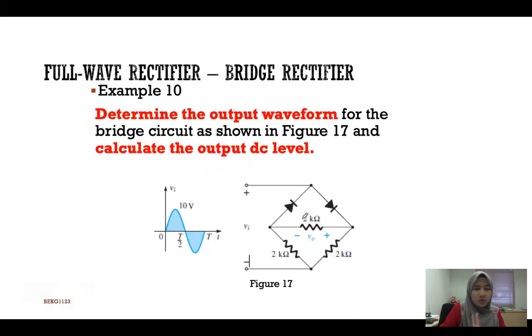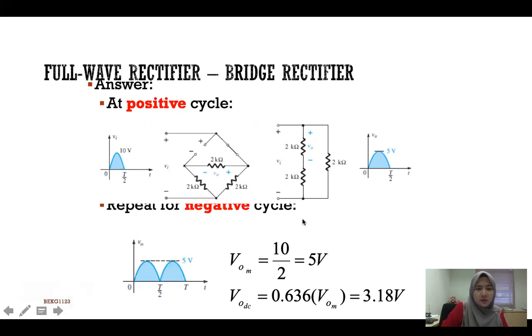Okay, so in order to solve for this, you need to solve it cycle by cycle. So during the positive cycle, okay, the positive cycle here, the diode here is forward bias and this one is reverse bias. So this will become open, this will become closed circuit.